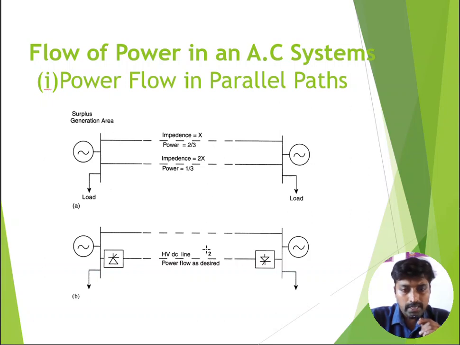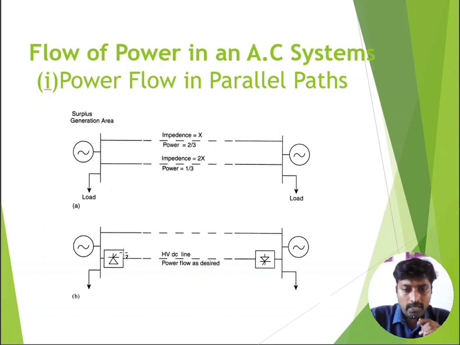Coming to the second picture, you clearly observe that we are incorporating some converting stations, creating it as an HVDC line. Once you incorporate the converting stations, the power transferred in the second line is always controllable.